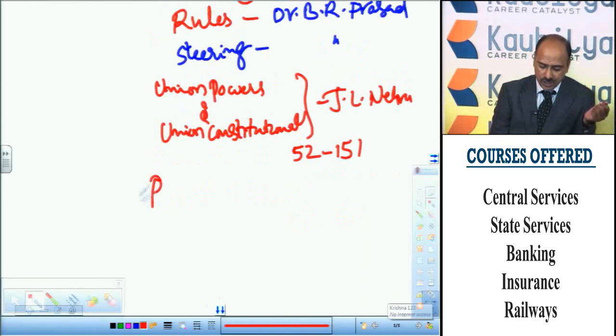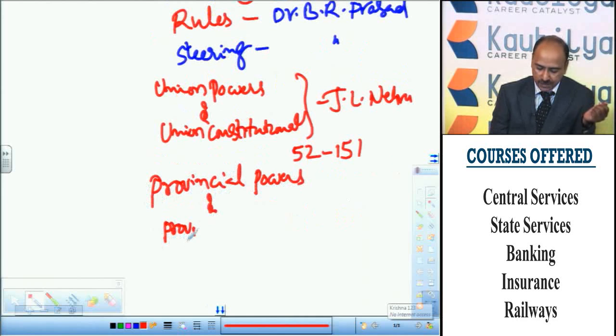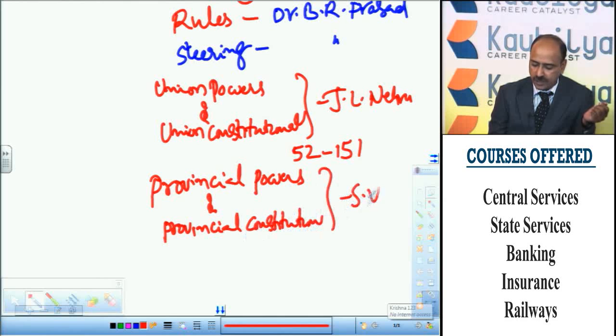Next, the Provincial Powers and Provincial Constitution Committee. The chairman was Sardar Vallabhbhai Patel.